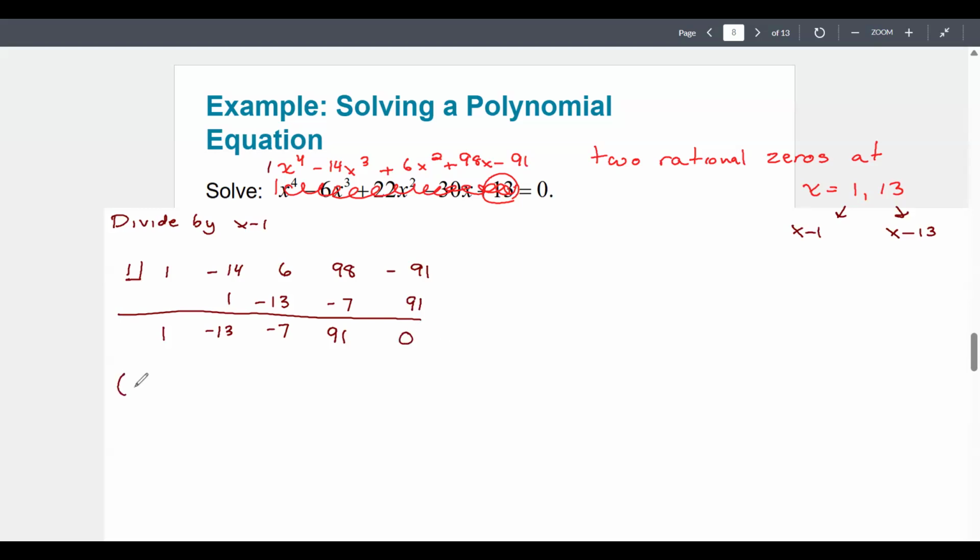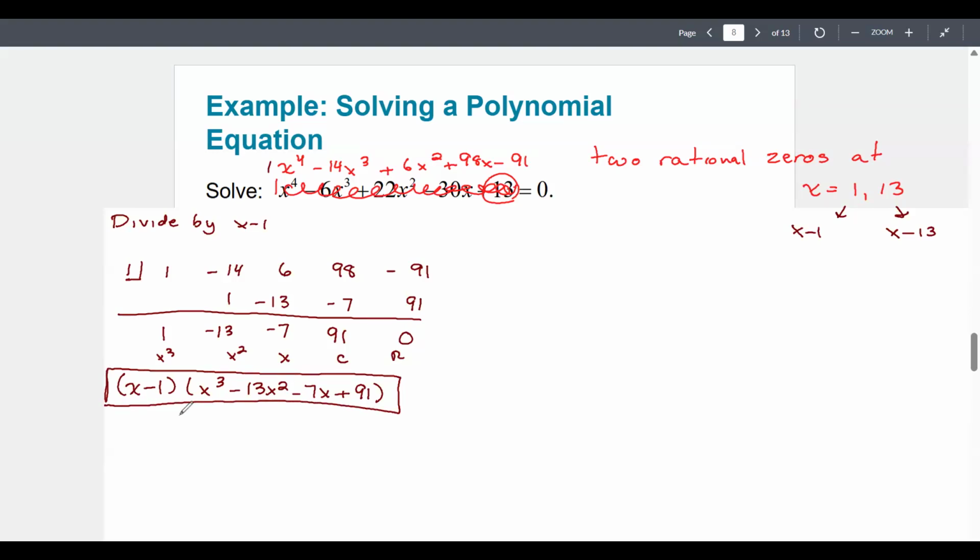Which means that I have factored my polynomial here to x minus 1 times the quotient, using the coefficients for x cubed, x squared, and x: x cubed minus 13x squared minus 7x plus 91.